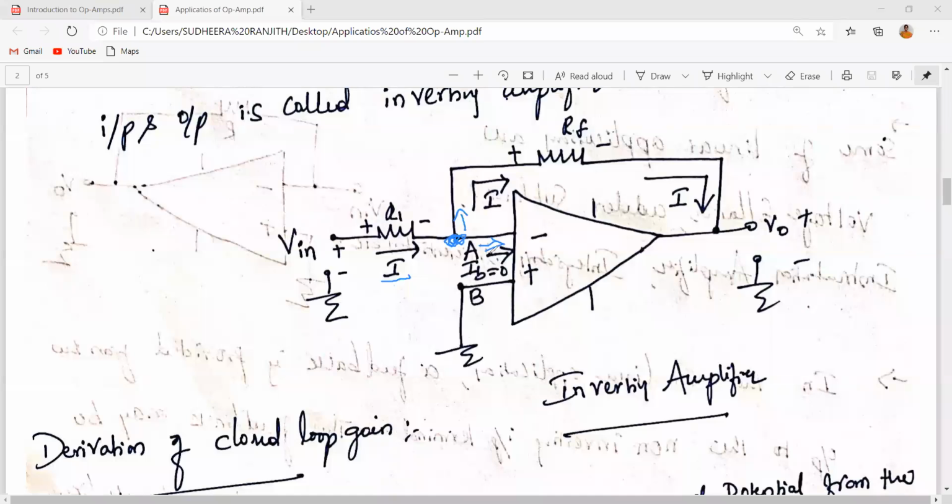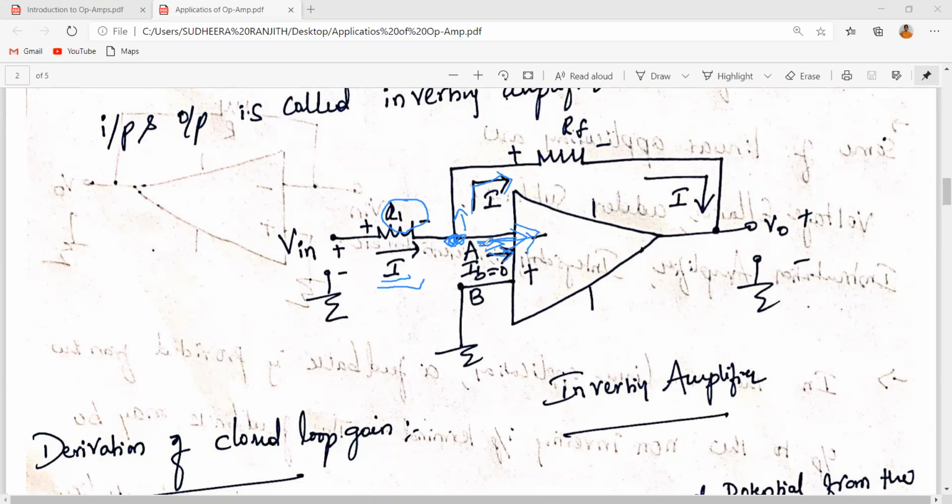But from the assumption, the current through the op amp is 0. This is one of the assumptions. So if the current flowing into the op amp is 0, the same current flowing through R1 is flowing through RF, because the current flowing into the op amp is assumed as 0.